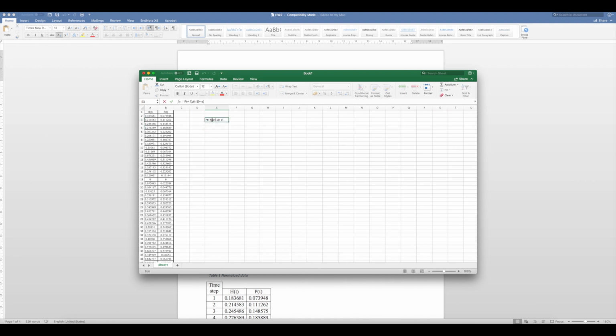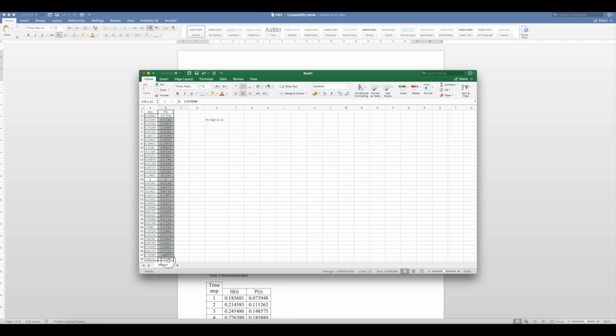Now we have to prepare our data for the ANN. We are going to use Pt minus 1 as an input and Pt as an output, and the model will be trained, and according to that we are going to calculate the R square and RMSE. So how do we get the Pt minus 1?